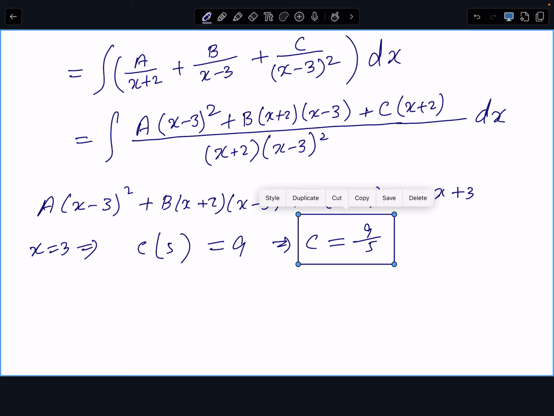And now we're going to find B, for example. We're going to say x equals minus 2. No, we're going to find A. B is going to go to 0. This one goes to 0. This one goes to 0. So this one only survives.